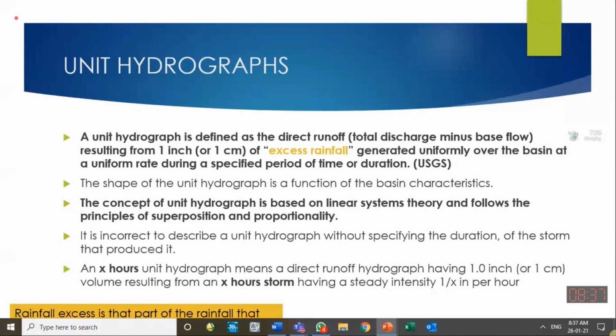Speak. SCS curve number: if you have to select it for a watershed, what information will you need? What do you think?